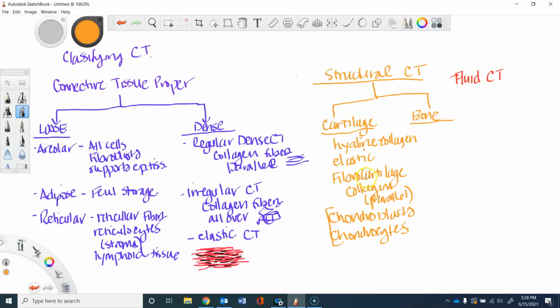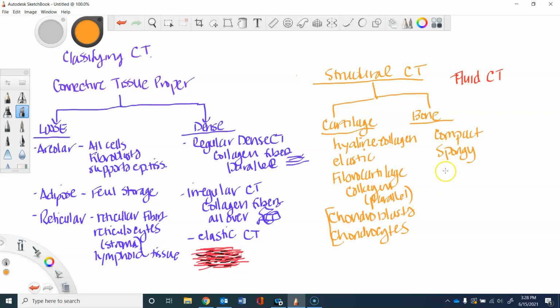In bone, there's two types. We have compact bone and spongy or trabecular bone. And again, you know, the ground substance in cartilage is going to be hard but pliable. Okay, in bone, it's going to be hard and not pliable. It's going to be just hard, right?